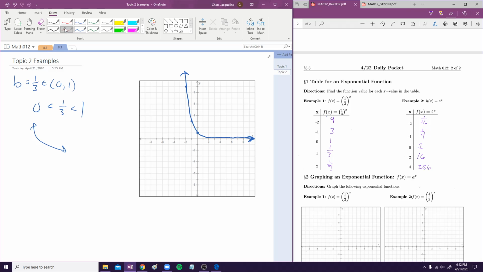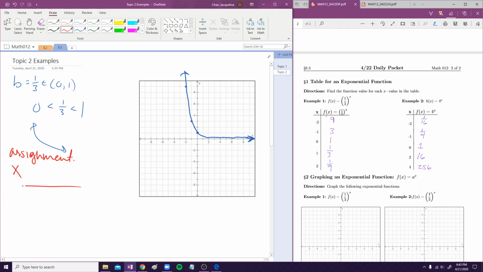One thing I want you guys to do, your assignment, on the same graph, I want you to graph f of x equals 1/3 to the x. It might be good to write down the table.